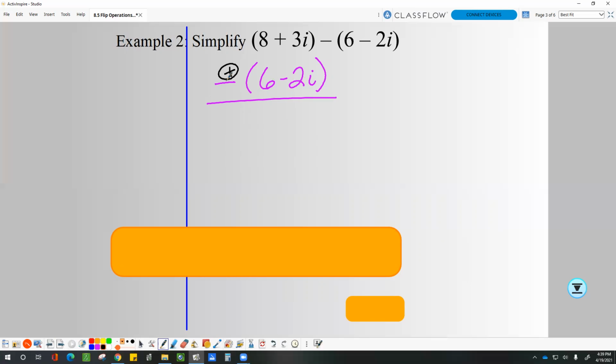I'll distribute that -1 into the parentheses, which changes the signs of both of these numbers inside, and then I add. So 8 and minus 6 is 2, and 3i plus 2i is plus 5i when I subtract.